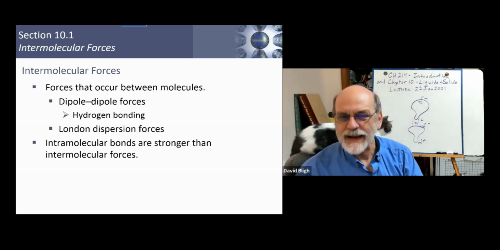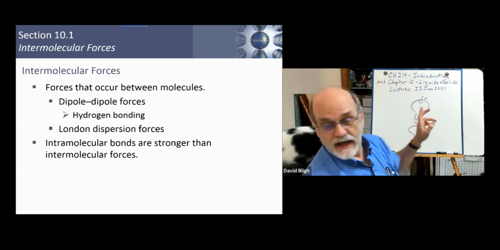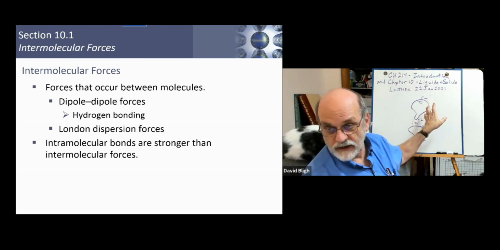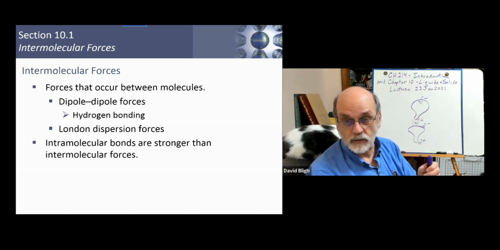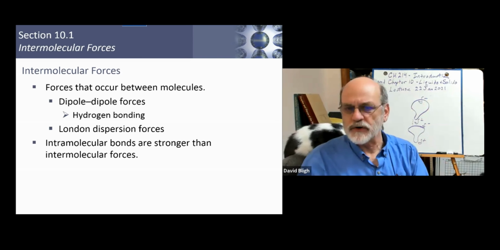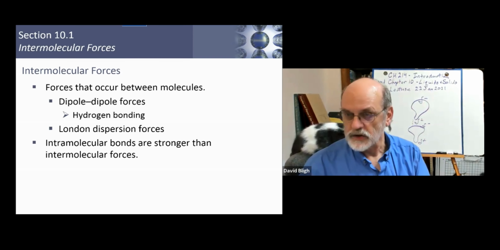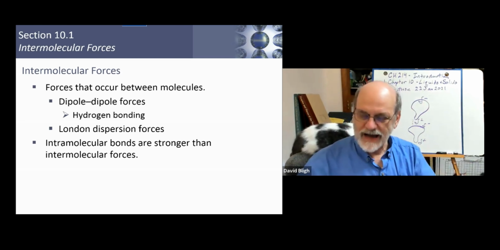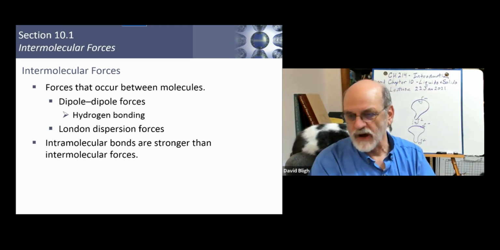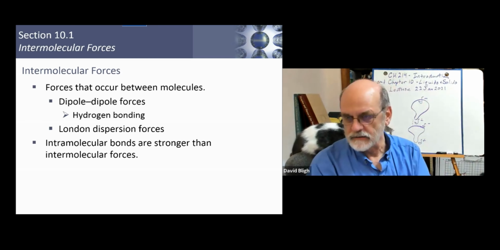Now there are special cases. Before I do that, you can have a dipole from one molecule interacting with an ion. That's what you do when you put sodium chloride into solution in water. You get the sodium ions and chloride ions interacting with the water molecules. So you've got ions interacting with a polar molecule, which is water. So you get dipole-ionic forces.